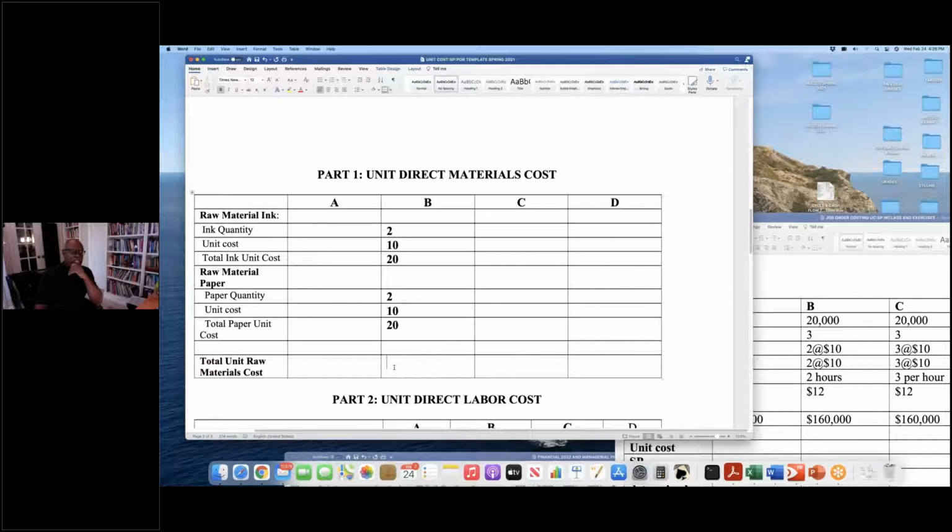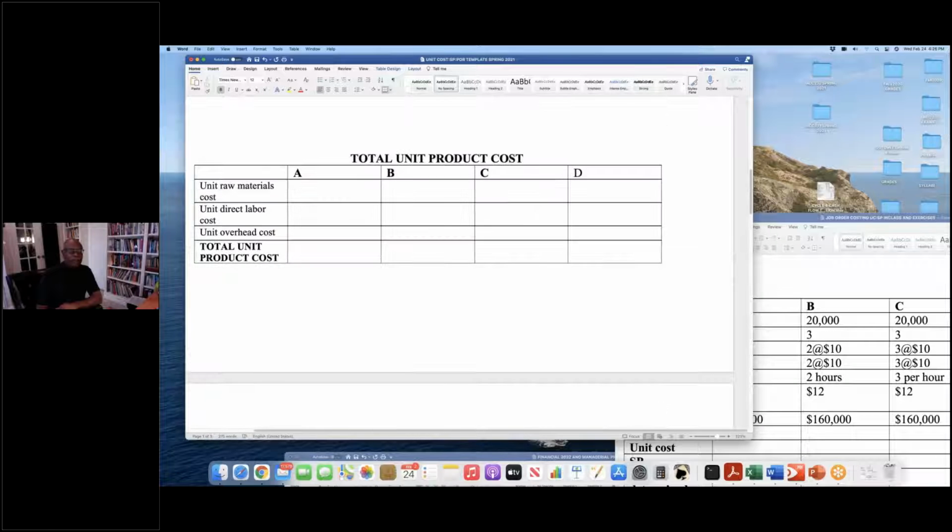How much is 20 and 20? It's 40. So now we have this number in.